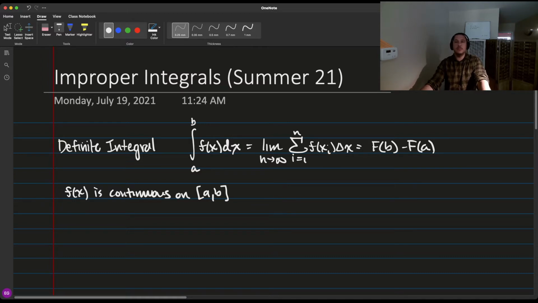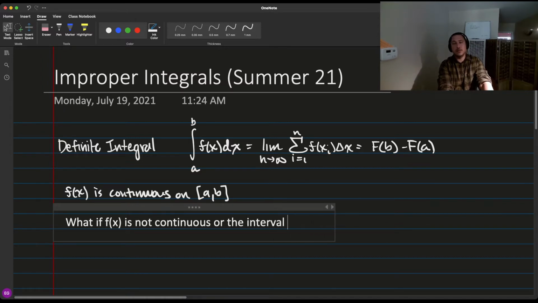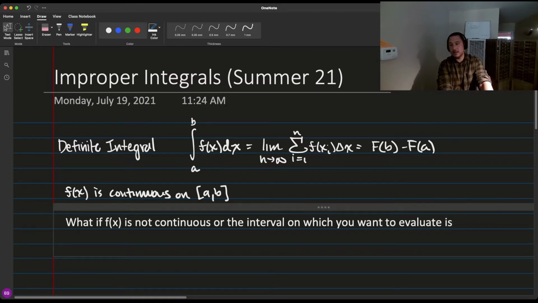But the question is, what if you're not continuous? What if f of x is not continuous, or the interval on which you want to evaluate is not finite?